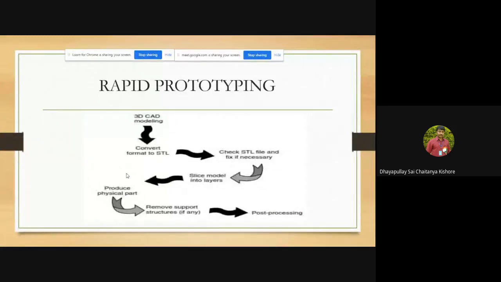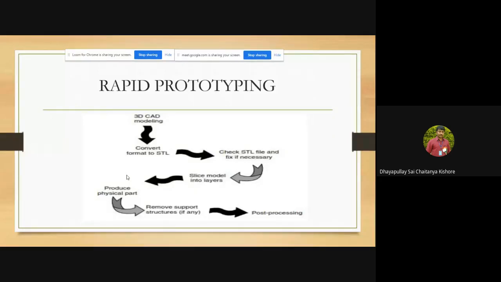So the 3D CAD modeling, up to the slice model, like checking the STL file if necessary, and slicing the model, specifying the layer thickness, are all pre-processing steps, performed before the processing of the product.